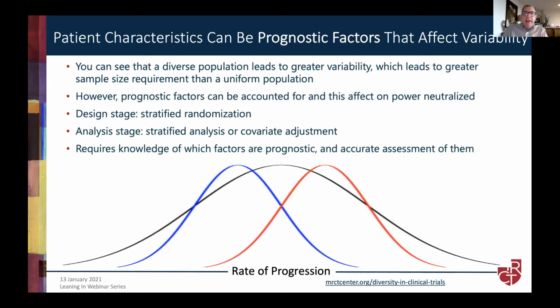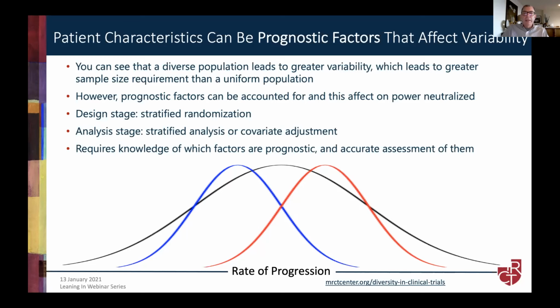Now, prognostic factors are important and do impact the sample size calculation, but they can be neutralized. And we have some tools for doing that. So at the design stage, if we have a strong prognostic factor, we can stratify the randomization. And at the analysis stage, we can do a stratified analysis, or we can do covariate adjustment.